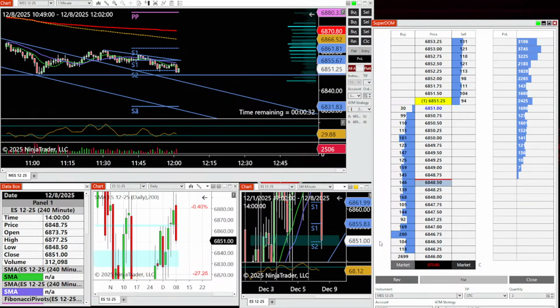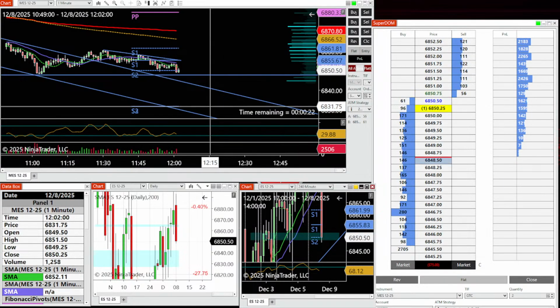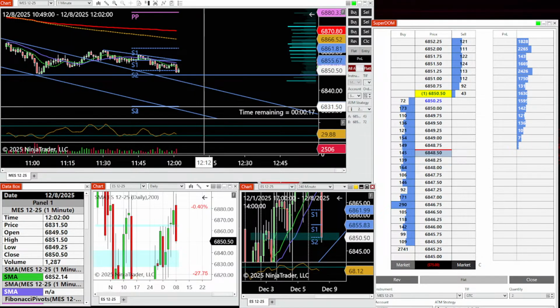Didn't break the low yet. Again, I would like to see it break the low and bounce. But now S3 is inside the channel. It's possible that it can reach S3.